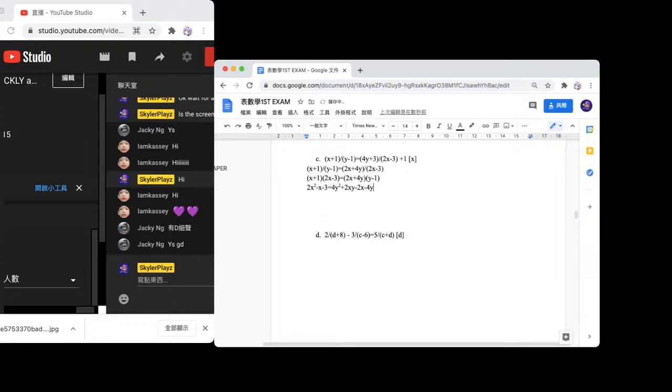And then we move all the terms to one side, and we can get 2x squared minus 4y squared minus 2xy minus, plus x plus 4y minus 3 is equal to 0.